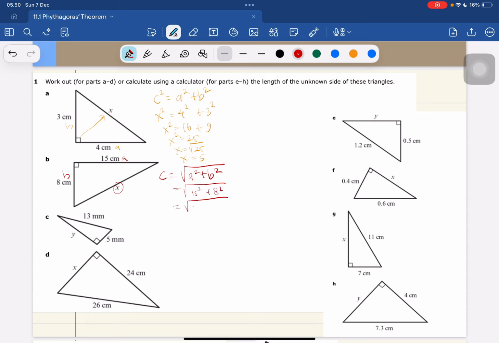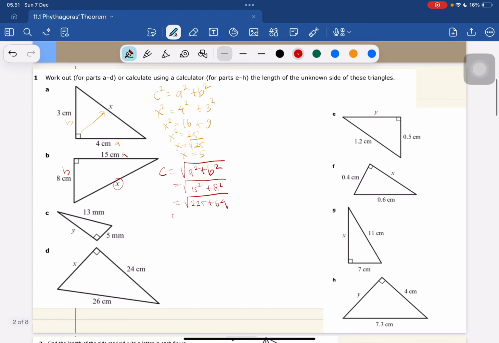So this is square root of 225 plus 64, so c equal to square root of 289. Or this x equal to 17.